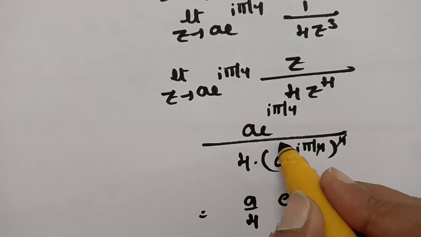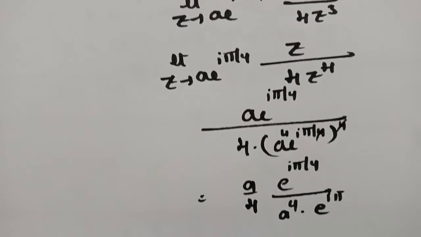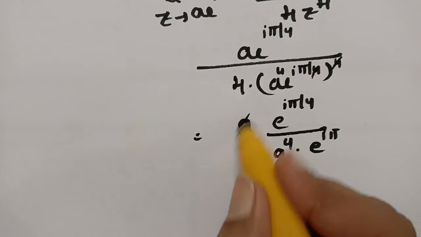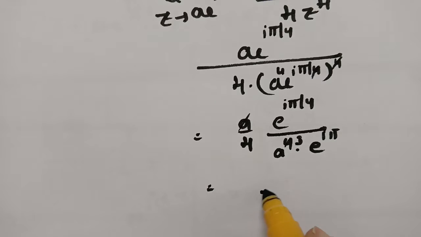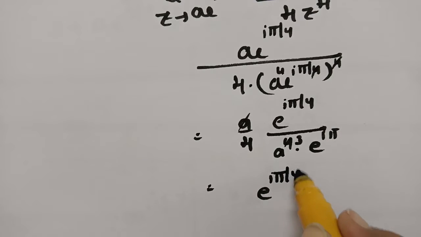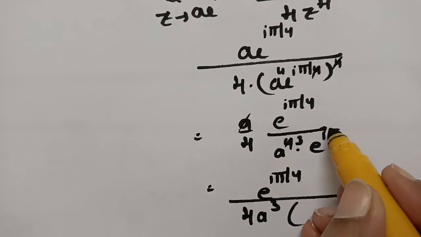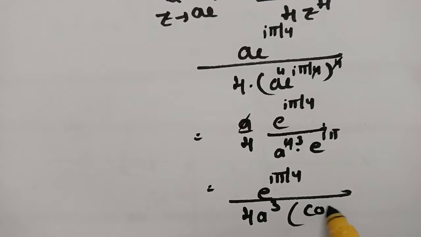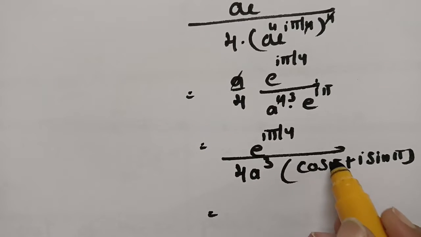So this is a^4 into e^(iπ). If I cancel one factor, this will be e^(iπ/4) by 4a^3, and this is (cos π + i sin π).